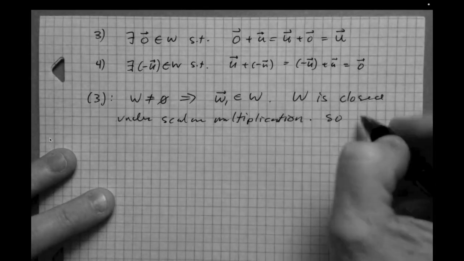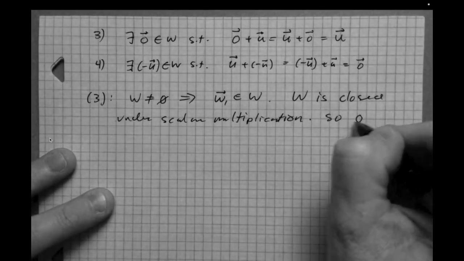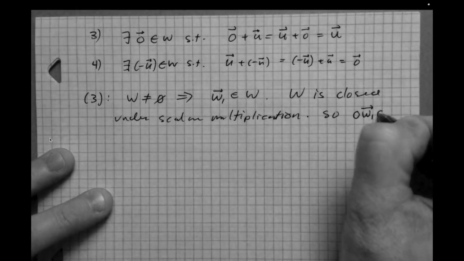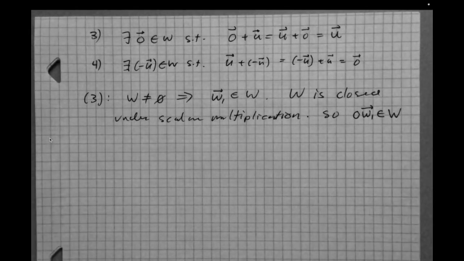So what does that mean? Well, it means 0, the scalar 0, times w1 needs to be in W.